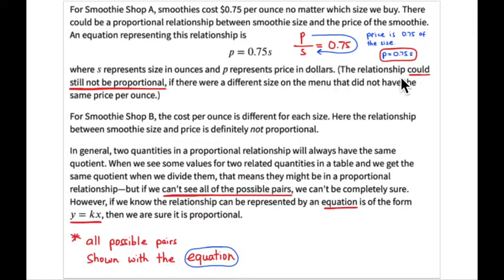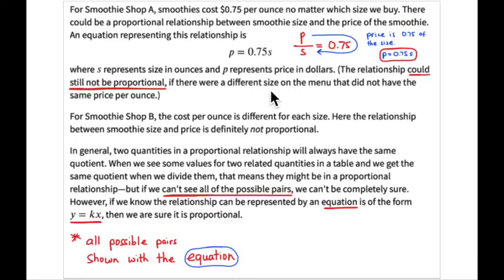And they say that the relationship could still not be proportional if there's a different size on the menu that did not have the same price per ounce. So let's say that if you buy a giant size, they decide, okay, we're going to give you a big break on that. We're only going to charge you 50 cents per ounce. That would make the relationship no longer proportional.